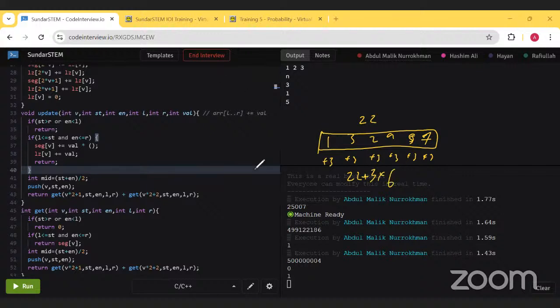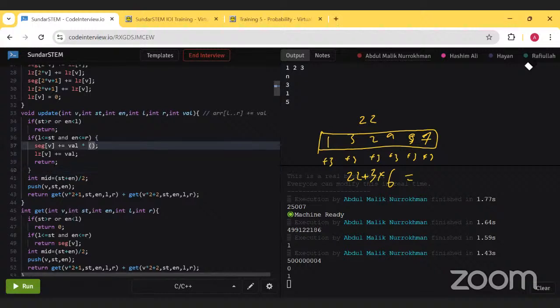That's right. Then what will be the formula? Segment plus value times what? That's right. N minus ST plus 1 if all of them are inclusive.